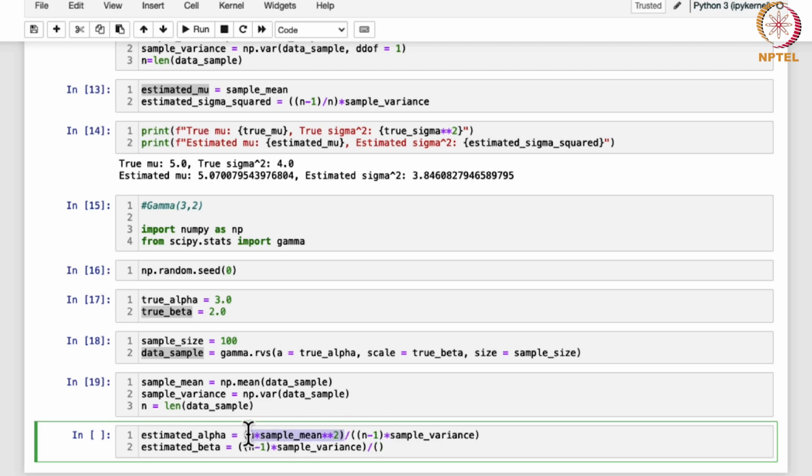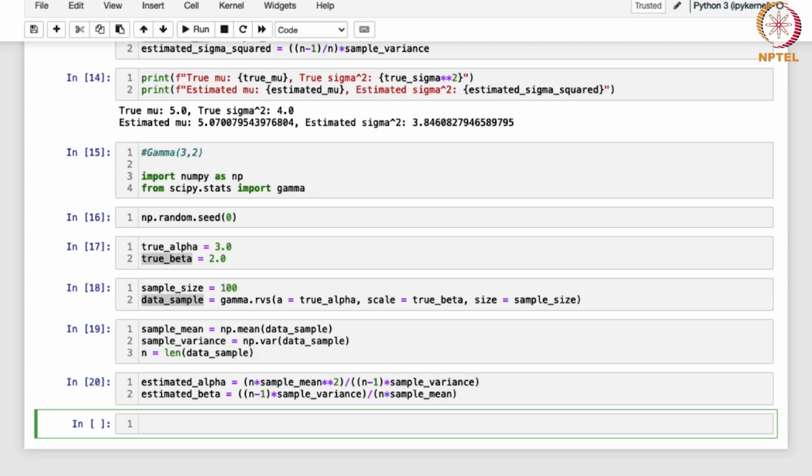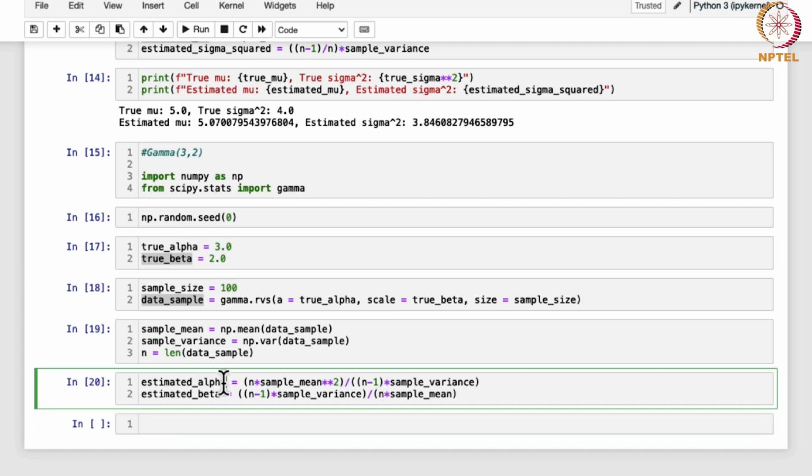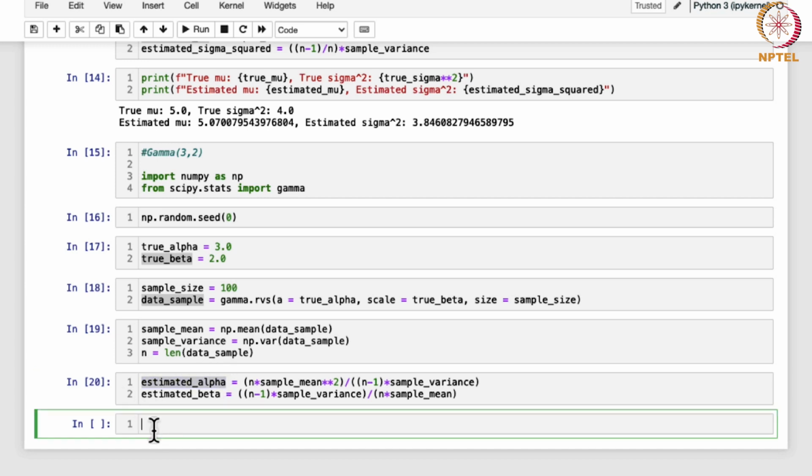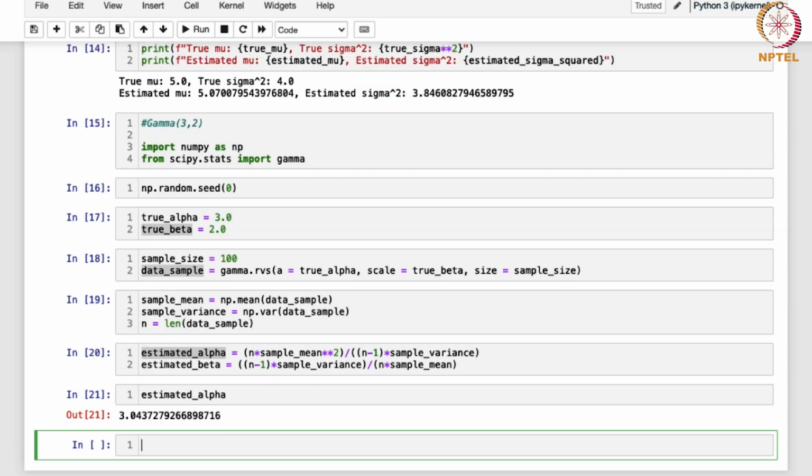Unlike here, where we have the sample mean square, here it will be just this. Okay, and when you substitute these values, if you want to print them, we can directly print them also. If you want to give the print command, that also can be done.